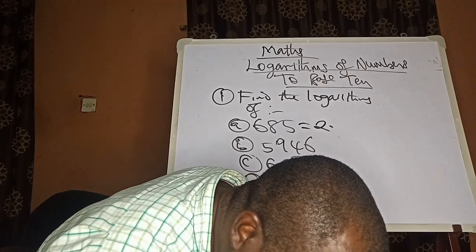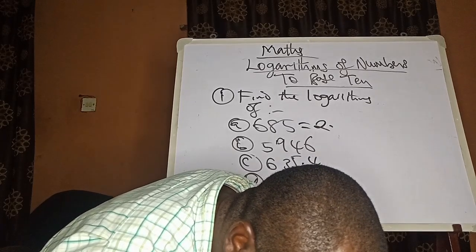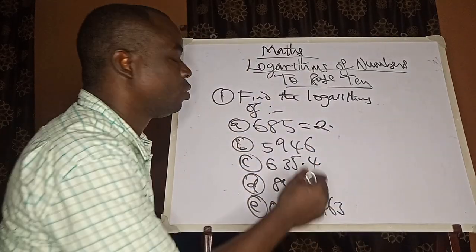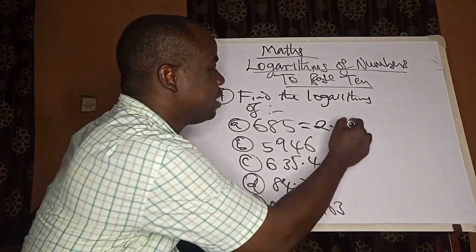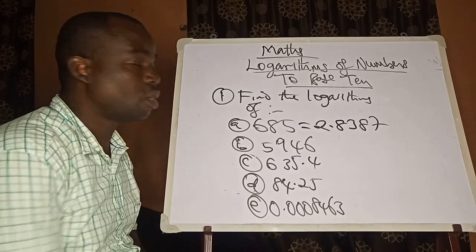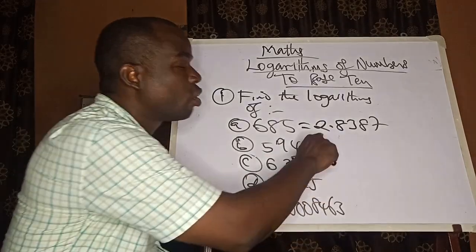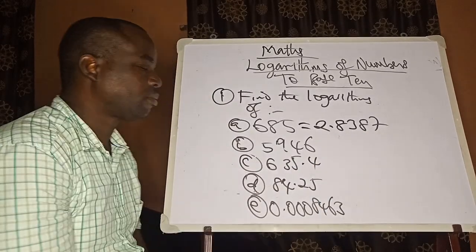It will give us 8387. Am I correct? So confirm that's what I have. 8387. You see, it doesn't have a fourth number, so there's no difference. So this is the logarithm of the number now. See what I mean?